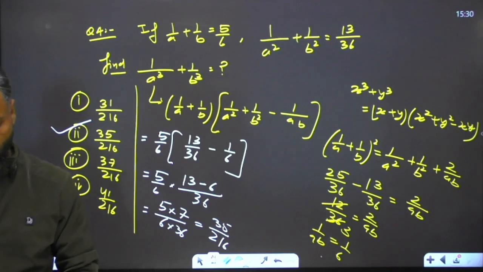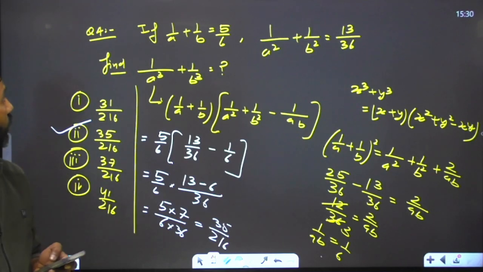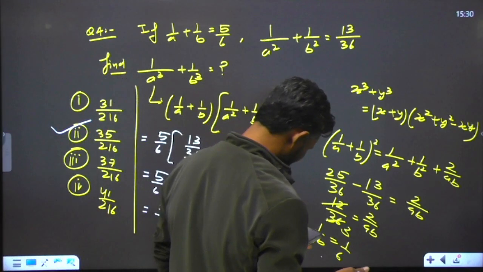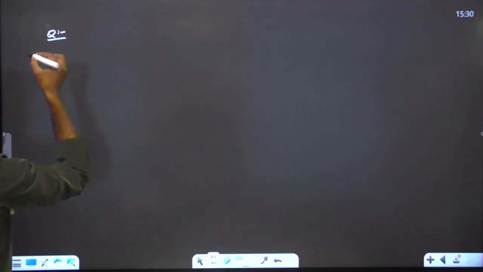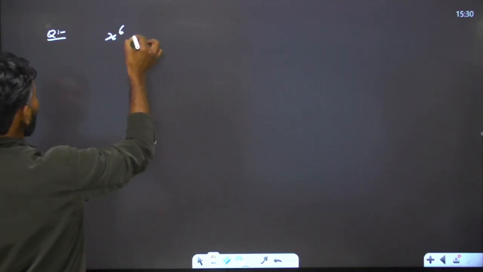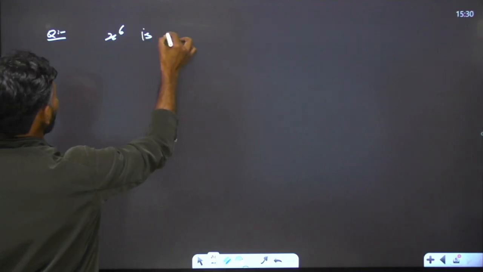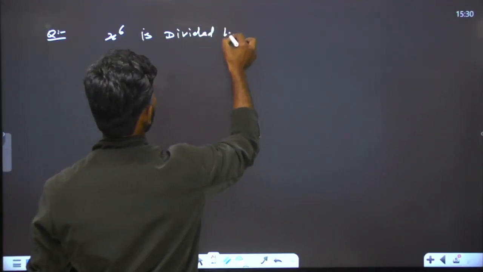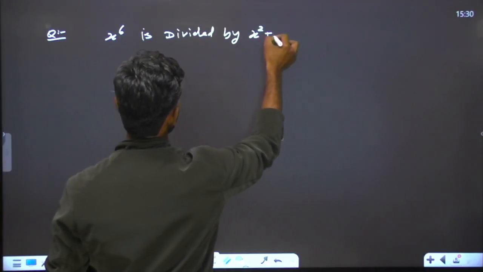Now we are going to discuss question number 5 from that question paper. And question number 5 says that x to the power 6 is divided by x square plus 1.